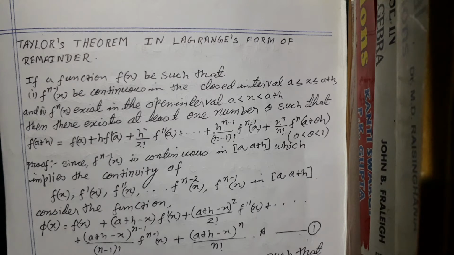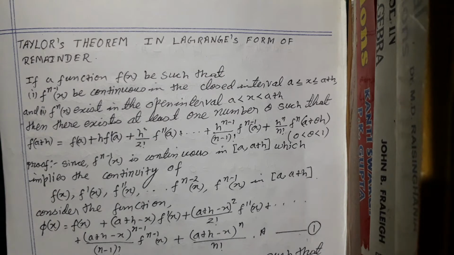So we have f(x), f'(x), f''(x), ..., f^(n-2)(x), and f^(n-1)(x) continuous in the closed interval a to a+h. In order to prove this theorem, we'll consider one function.